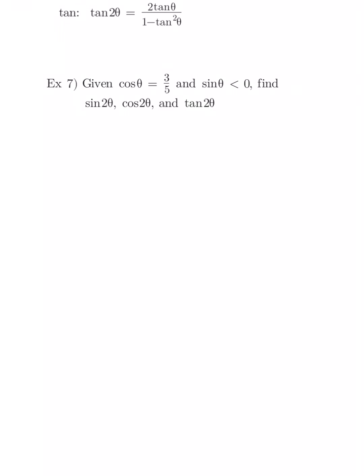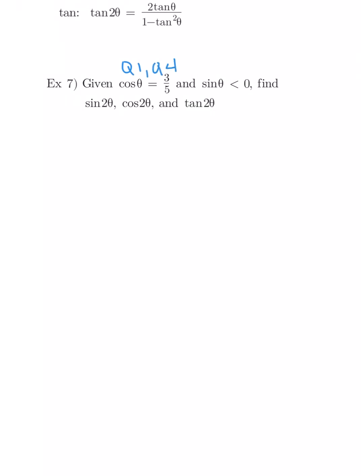When you have a problem like this, the first thing that you must look at is the given information. We are told about the cosine, and we are told that it is positive 3/5. We have to think about, where is cosine positive? Cosine is positive in quadrant 1 and quadrant 4.